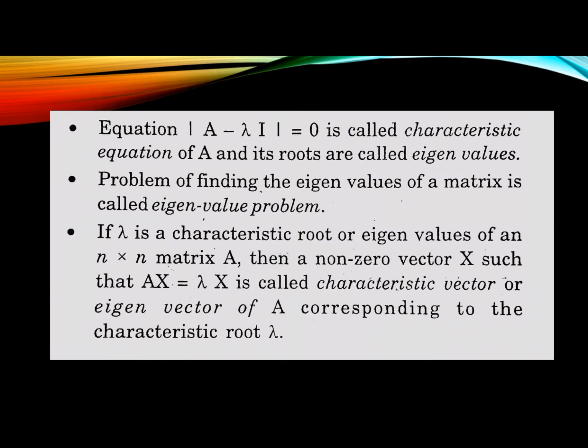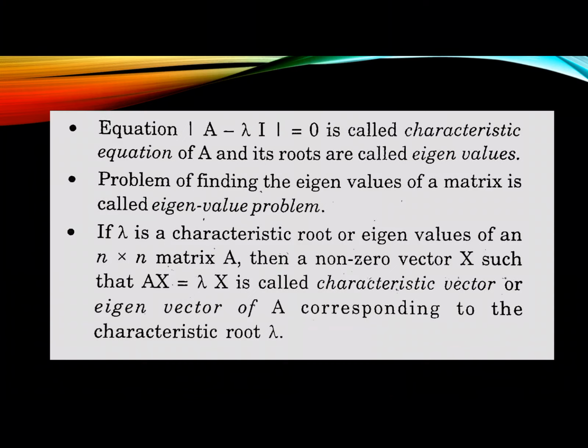Simple. And if lambda is a characteristic root or eigenvalue of an n by n matrix A, then a non-zero vector x such that Ax equals lambda x is called the characteristic vector or the eigenvector of A corresponding to the characteristic root lambda.